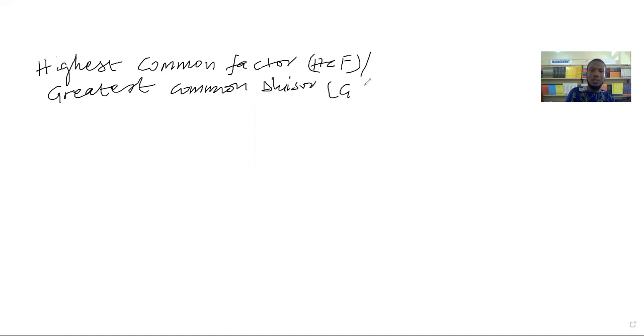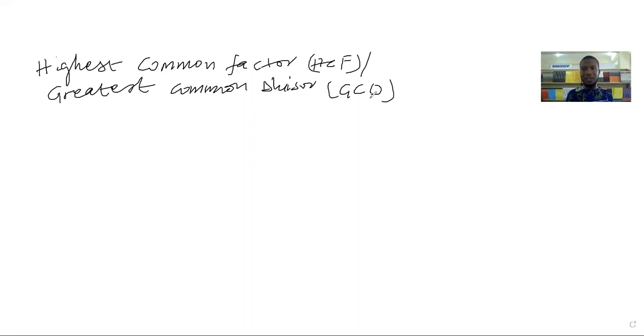So GCD, greatest common divisor. So what is this one? Again, just as the name suggests, highest common factor. It means that you are looking for the highest natural number that can divide two or more natural numbers without a remainder.